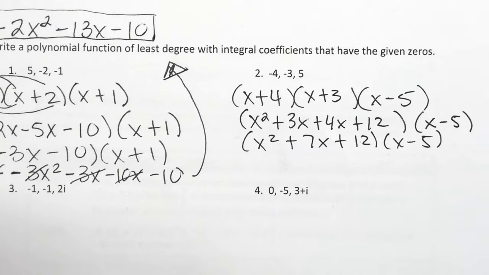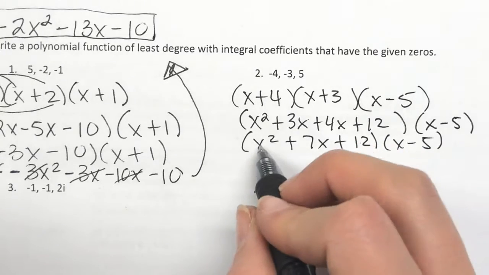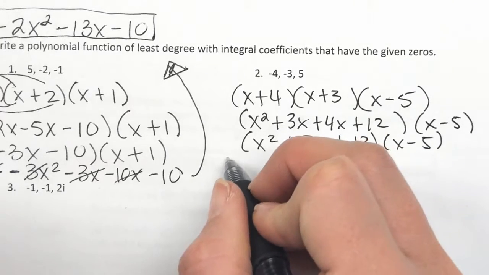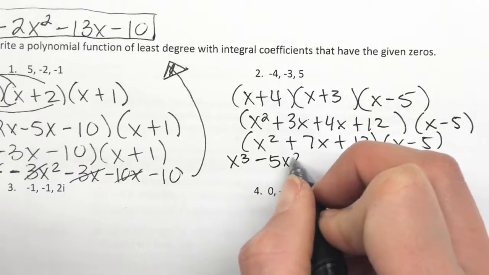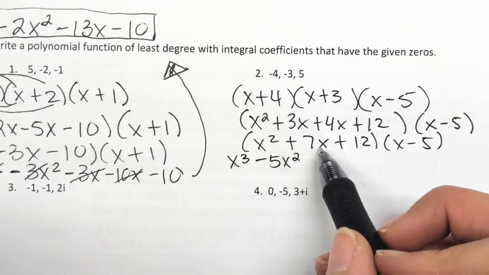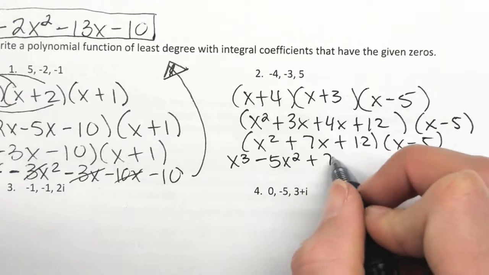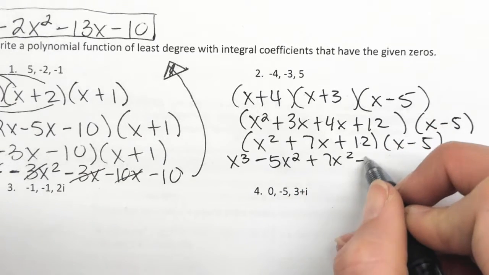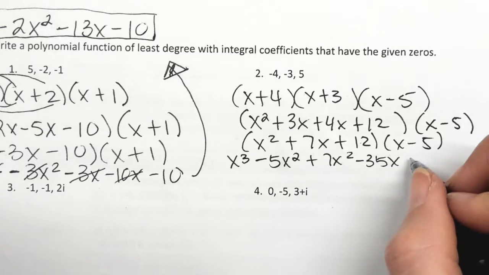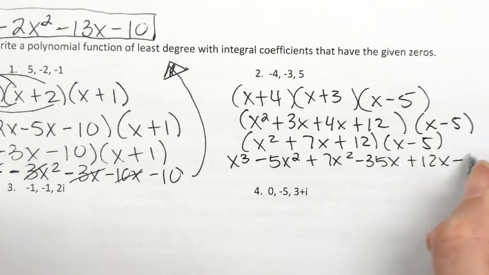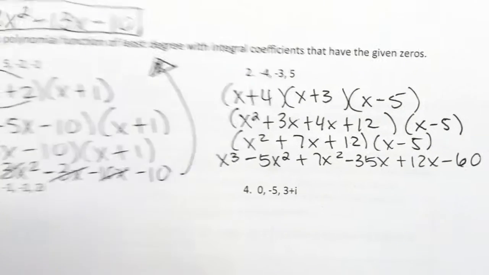So, Amy, if you'll tell me what I get if I distribute just the x squared. X cubed minus 5x squared. Good. CJ, if you'll tell me what I get when I just distribute the 7x. 7x squared minus 35x. Good. Chloe, if you'll just tell me what I get when I distribute the 12. 12x minus 60. Good. Is everybody okay so far?